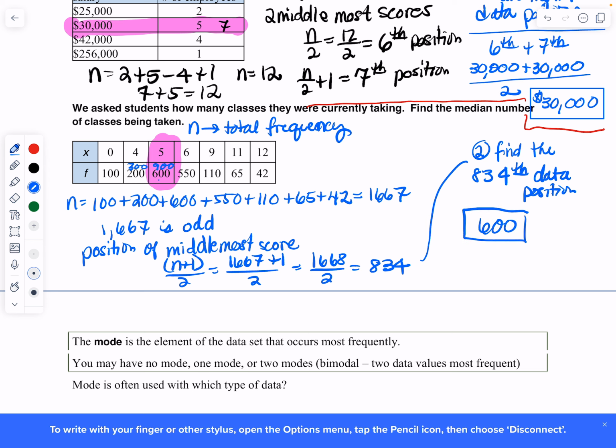That would be my median of this data. So again, with these, if you have large data, you're going to find the position of what the median is. So to find that, if the data is odd, you take n plus 1 divided by 2. That'll give you the position of the middlemost score. Then you go into your chart and look for where that position would fall and find your answer.